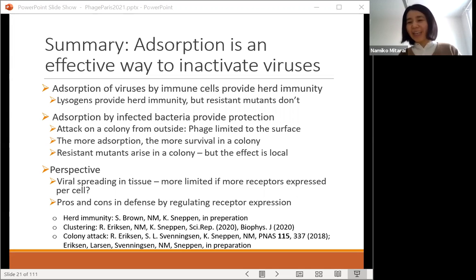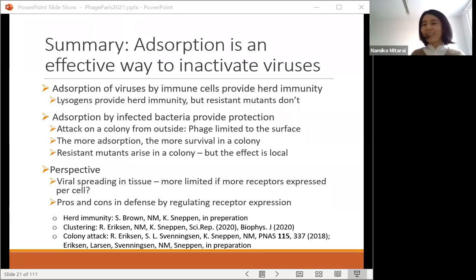I want to know, too. One interesting thing that is coming up now is that some phages, especially these temperate phages, may try to actually regulate the receptor expression level of their host.